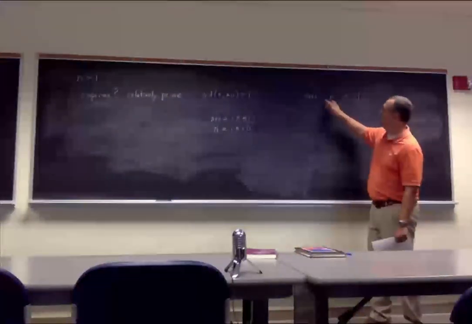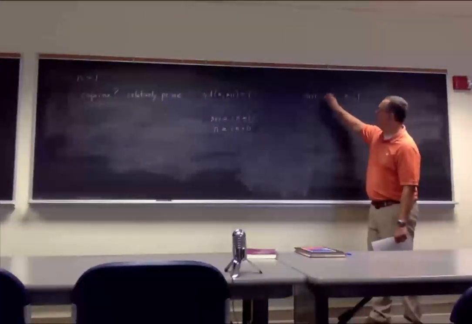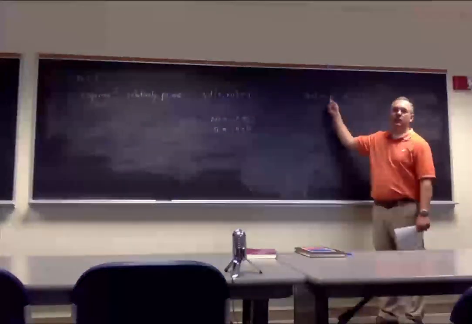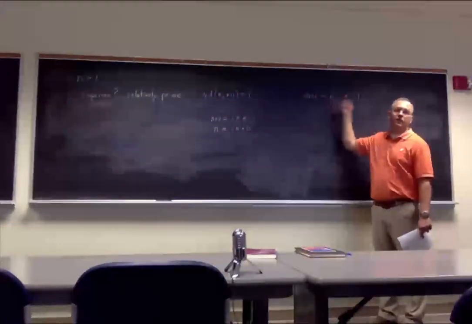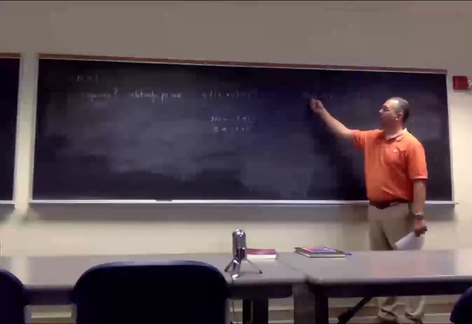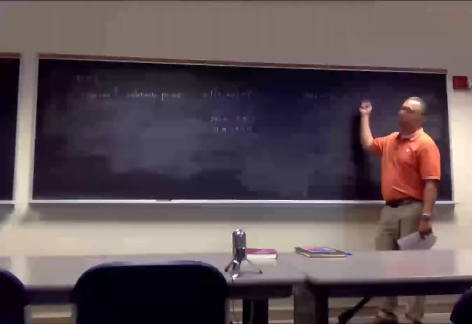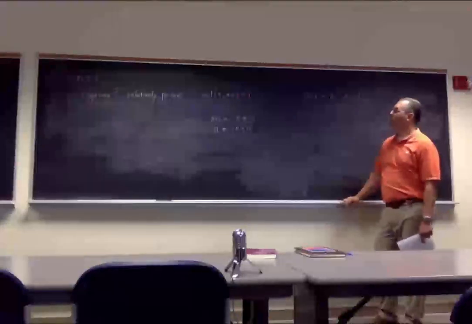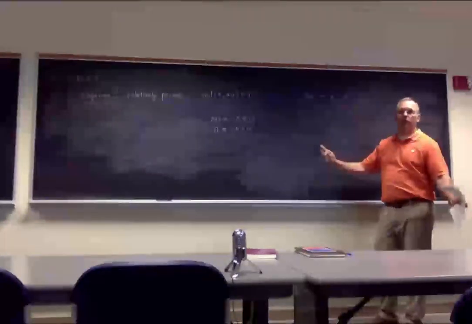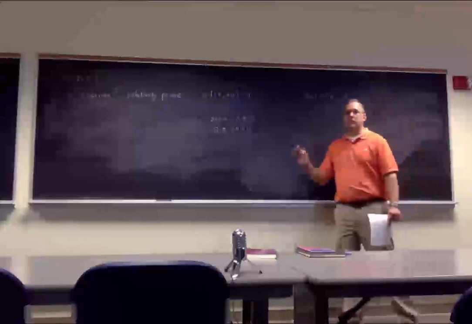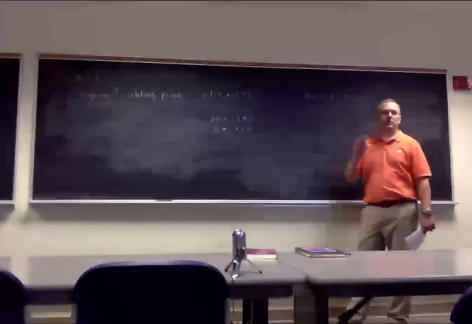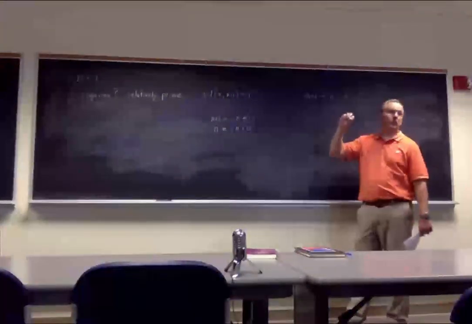So what should I put right here? Minus. Okay, so there's a linear combination of n plus 1 and n that equals 1. So any common divisor of n plus 1 and n would also have to divide 1. So there's another proof. So it is true: every pair of consecutive positive integers is relatively prime.